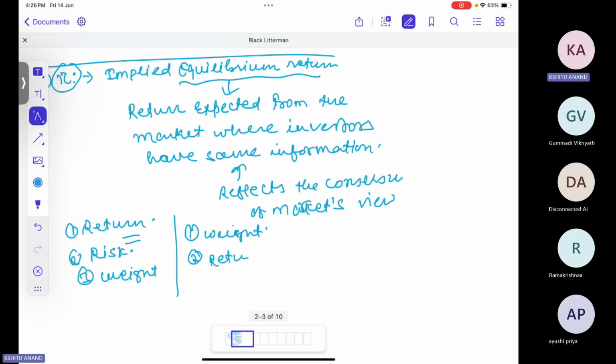So basically you are doing it the reverse way. This is the traditional approach, and here you are doing it the reverse way. You are finding the return that is perceived in the market. What does the market think about the expected return of a certain stock? So this is the reverse optimization approach.